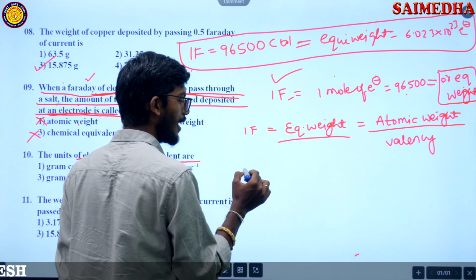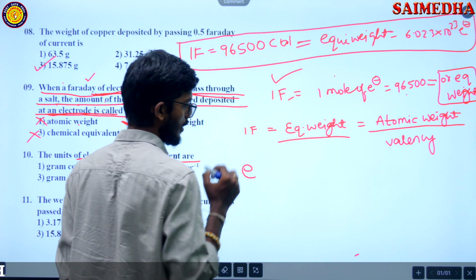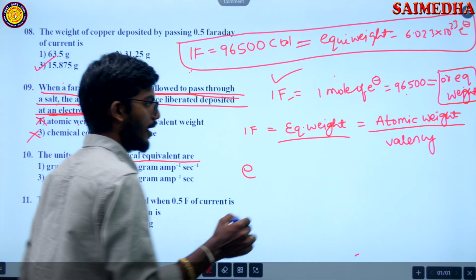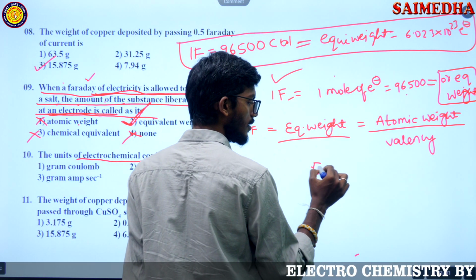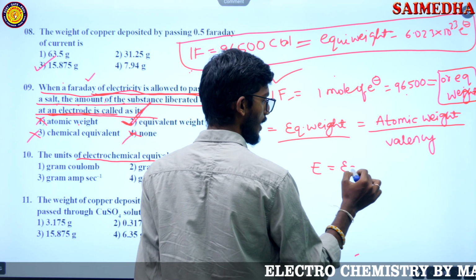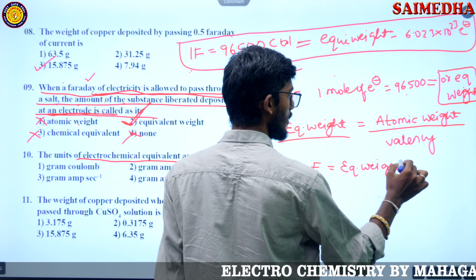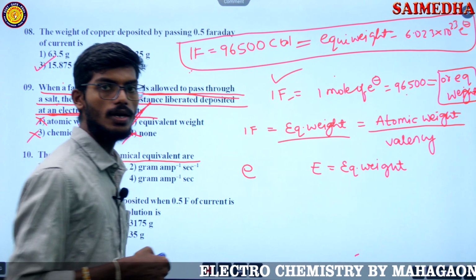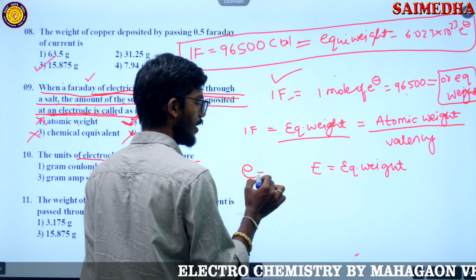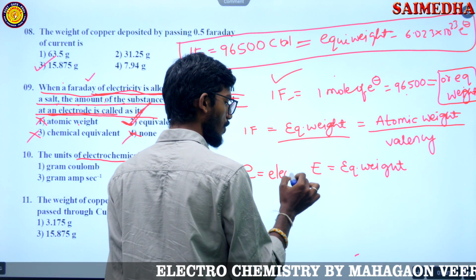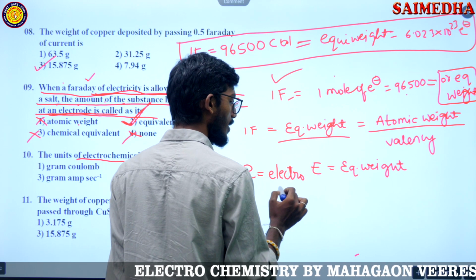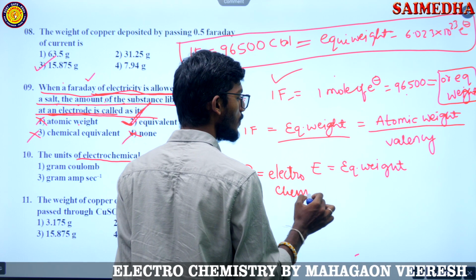So we know what electrochemical equivalent means, small e. Okay, remember, capital E means equivalent weight. Capital E means equivalent weight. Okay, small e means what? Small e is nothing but electrochemical equivalent.